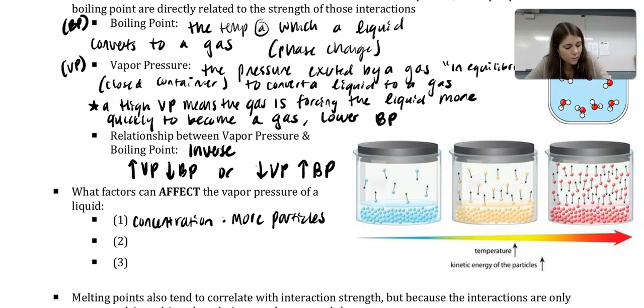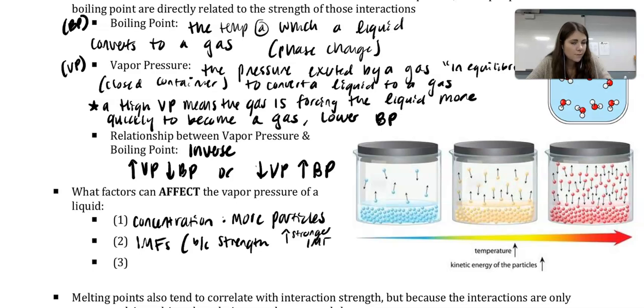Next, intermolecular forces. Remember, IMFs help us understand strength. If we have stronger IMFs, we're going to have higher boiling points, which means a lower vapor pressure.